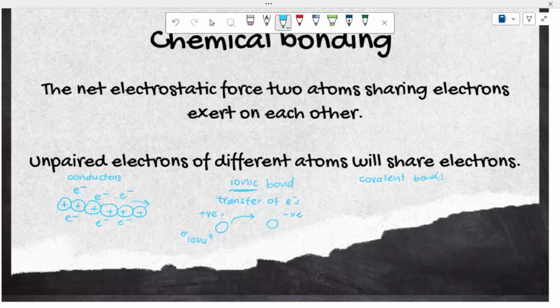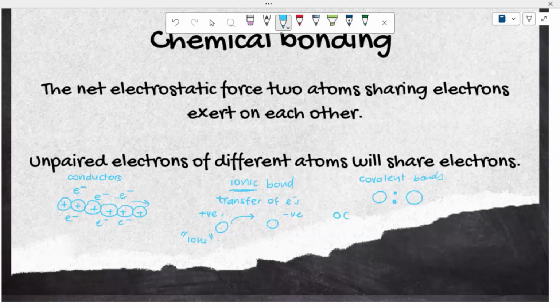And that is the idea of shared paired electrons, right? So what that means is that we don't have this transfer of electrons. We don't have this movement of electrons. There'll be two atoms that have electrons between them, and both of these atoms will share this in order to fill that octet rule.